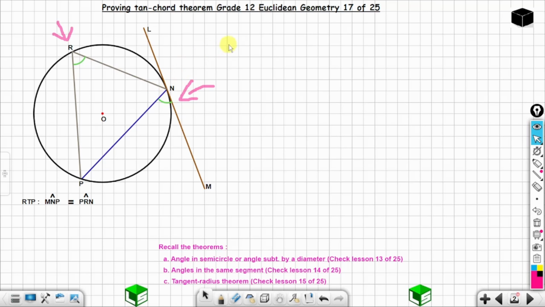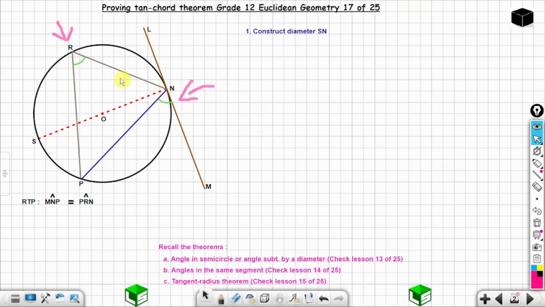So you say: construct diameter SN from the point of contact. You can use different letters; the letters mean nothing. With a tangent and a diameter, or a tangent and a radius, you have a 90-degree angle.